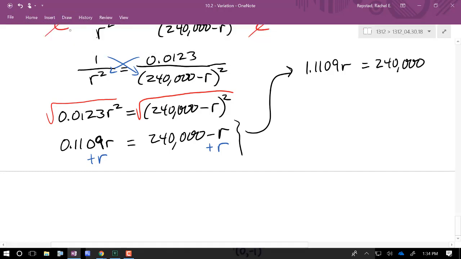And now we just divide. I get 216,041. And this would be miles from Earth.